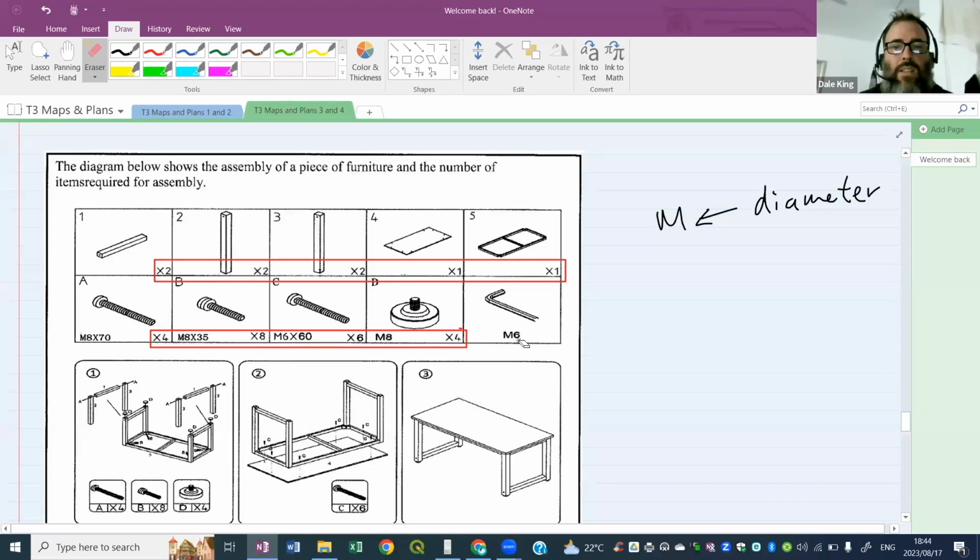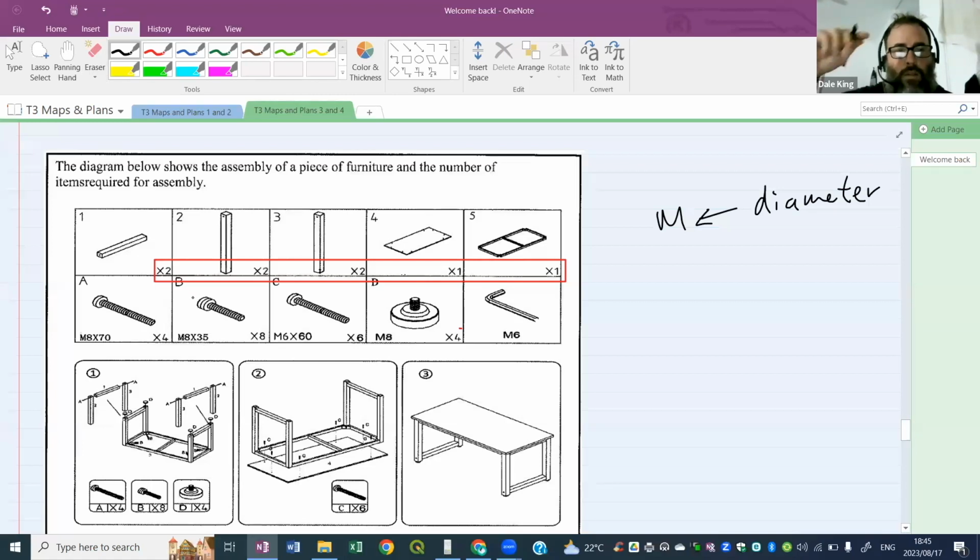An M6 size Allen key should fit there, but I'm sure this Allen key is used for all these things anyway. So when they say M6, it's the diameter of the rivet head, and 60 is the length of the rivet. So you've got 70 mil length, here a 35 mil length, and here a 60 mil length. But you don't have to know that, that's technical stuff.